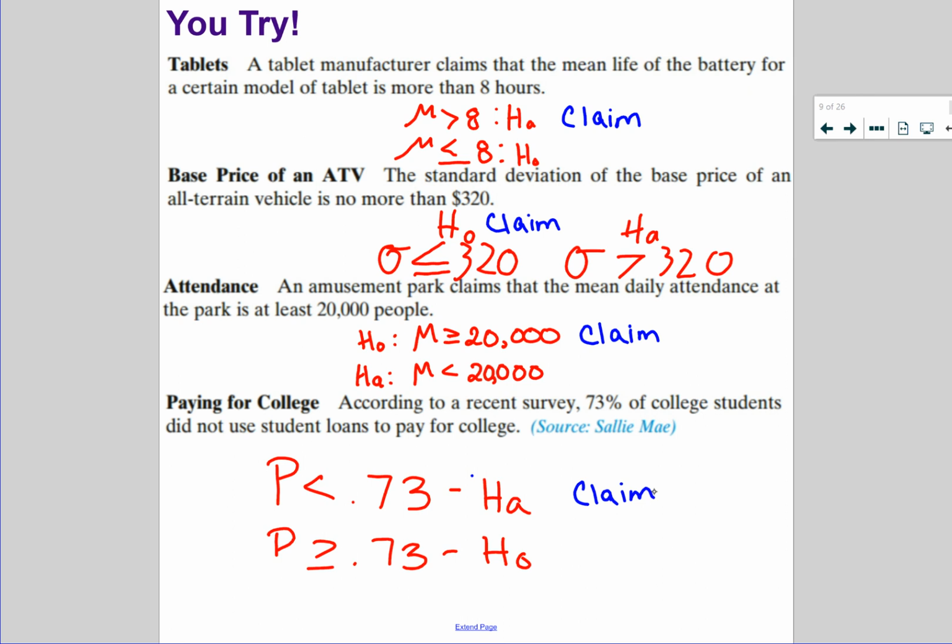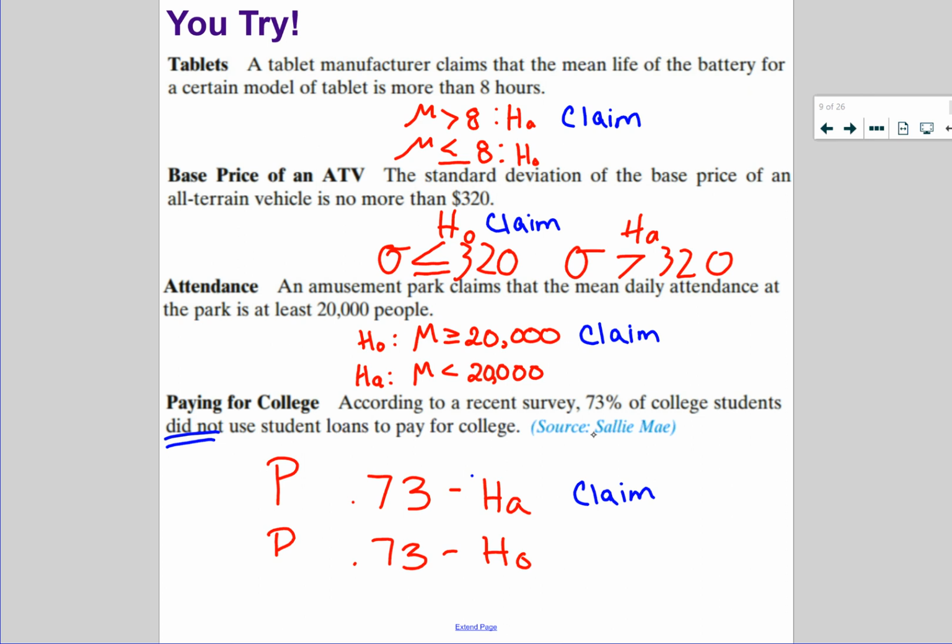And the only one I'm going to change is actually the last one. So you don't have any words there that are more, less, at least, greater than. There's nothing like that. So this is an equal to, not equal to one. And even though the word did not is there, the claim is that 73% did not.